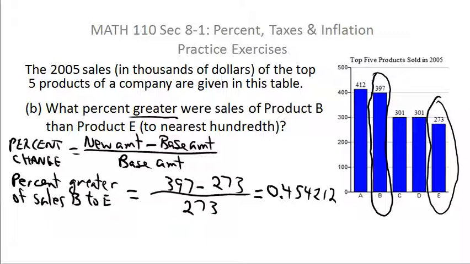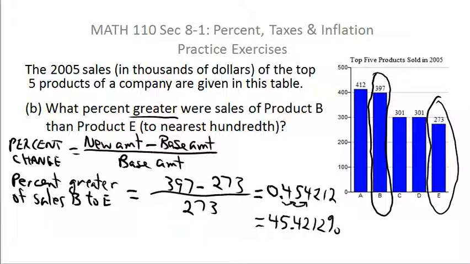They ask us to do it to the nearest hundredth, and remember, when you do the division, you're just given a decimal to start with. You have to change it to a percent by moving the decimal 2 places to the right, so that becomes 45.4212%.